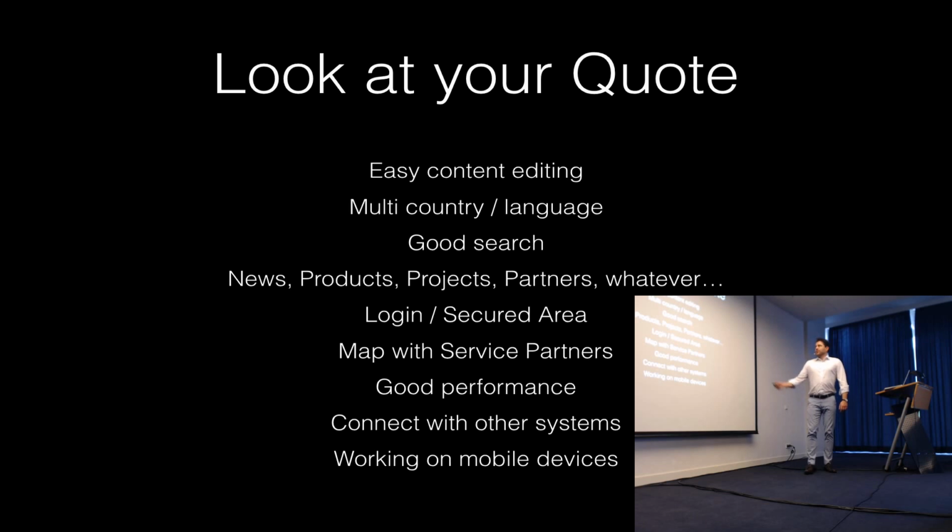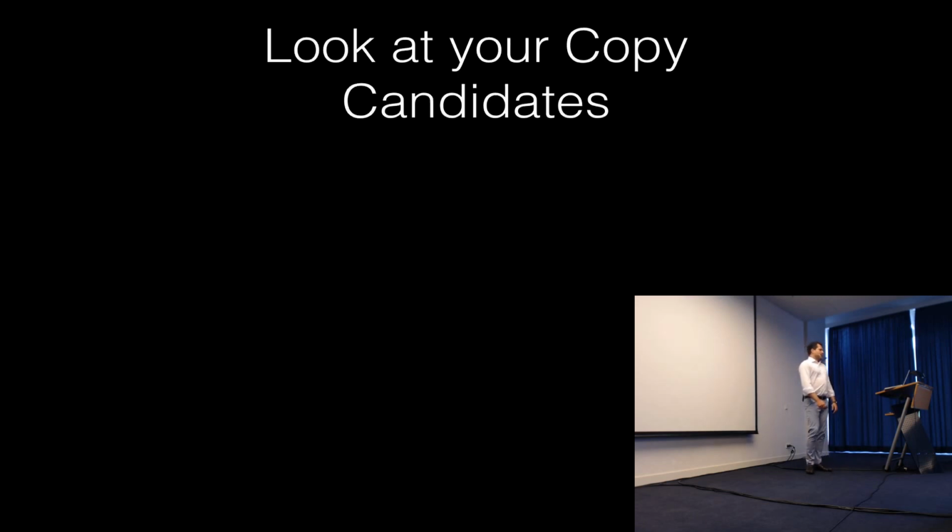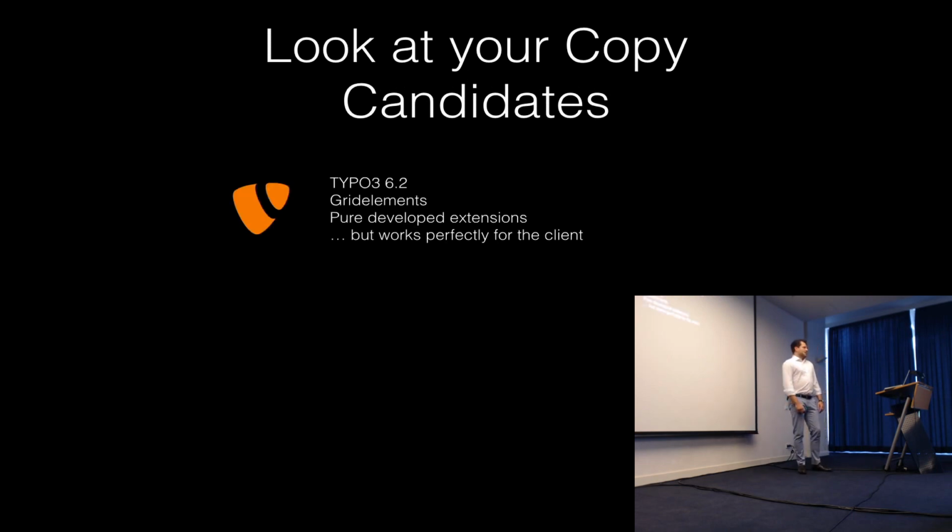Wow. So it looks like a project we have done multiple times before, and so we look at our copy candidates. Maybe there's a project we've done already with TYPO3. For example, we have one project we've done, it's working perfectly for the client, but it's still version 6. It's done with grid elements and has some poorly developed extensions, so we say no, it's not a good candidate for starting off this project with TYPO3.